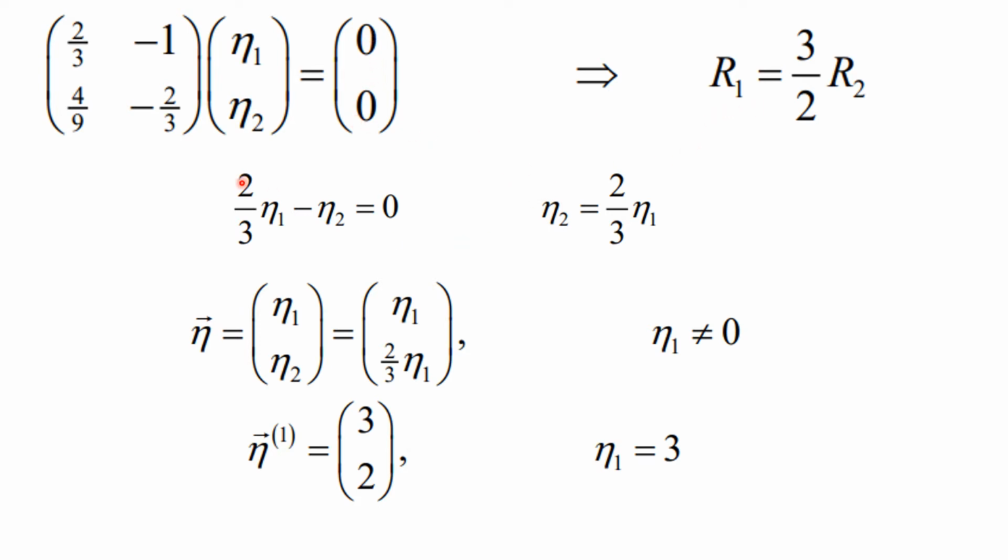If you notice, both of these rows really lead to the same thing. So we'll take the top one, and that means that a_2 is equal to 2/3 a_1. So we can write it this way. If we take a_1 to be 3, that makes a_2 equal to 2. And so that's all good.